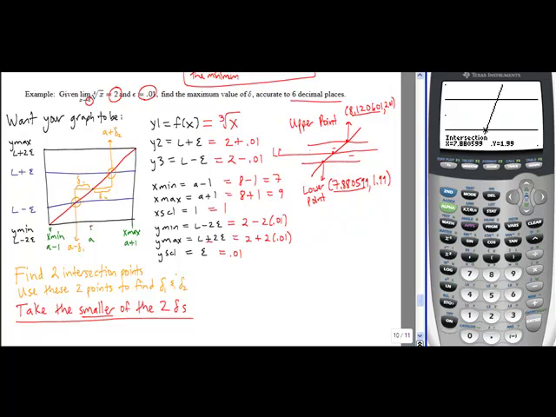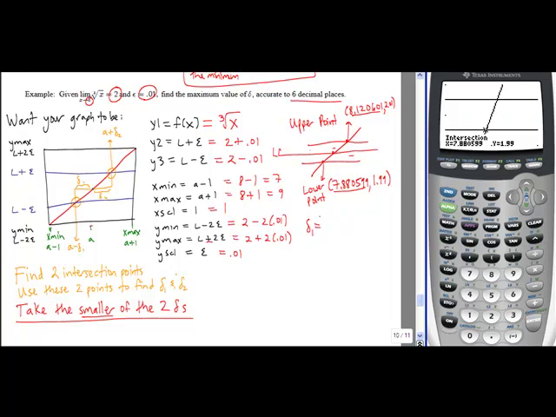All right, now that we have those 2 points, we're going to use those to help us figure out our delta 1 and our delta 2. And once we know what delta 1 and delta 2 are, we're going to take the smaller of those 2 deltas, and that will be the delta that will ensure that we are within epsilon of our limit. So let's go ahead and see if we can figure out what our delta 1 is going to be.